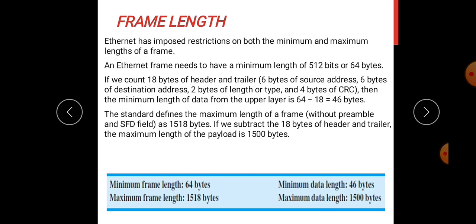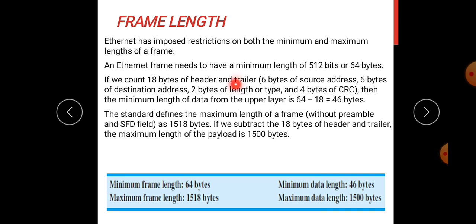Next is frame length. As we have seen, Ethernet imposes restrictions on both the minimum and maximum length of the frame. The minimum length restriction is required for the correct operation of CSMA/CD. An Ethernet frame needs to have a minimum length of 512 bits or 64 bytes.